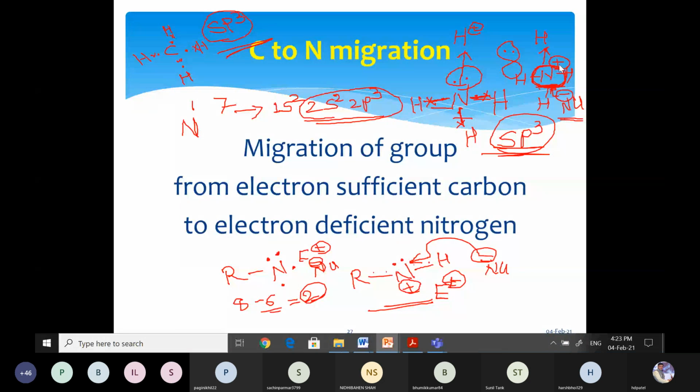Why? Because no empty, free or vacant orbital is available with the nitrogen. But here we can carry out the reaction. Why? These are electron deficient and orbitals are available, space is available for the nucleophile.